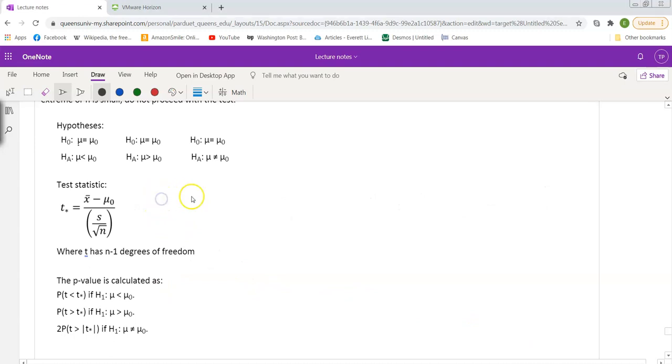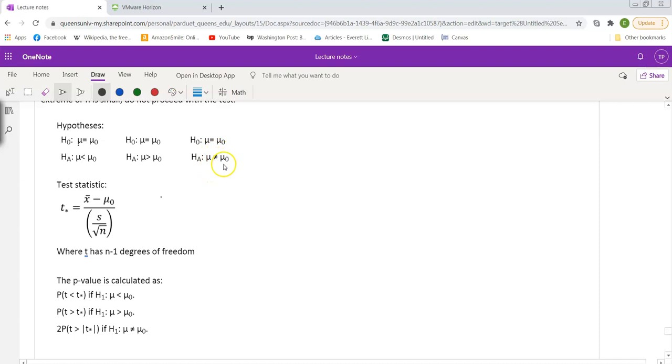So let's talk about our hypotheses. We've got the same set of hypotheses as before. Our null hypothesis is always that mu equals some hypothesized value. And our alternative hypothesis could be that mu is less than our hypothesized value, or it could be greater than, or it could be not equal to.